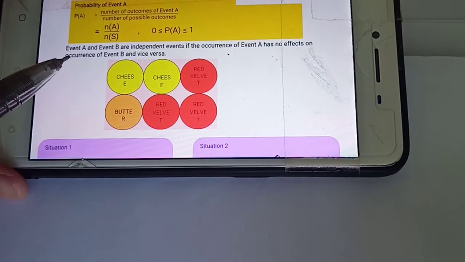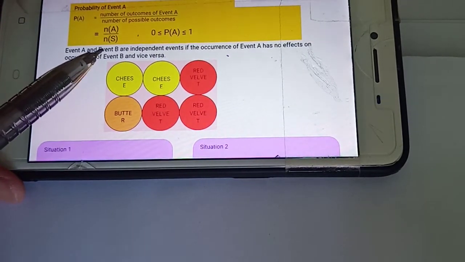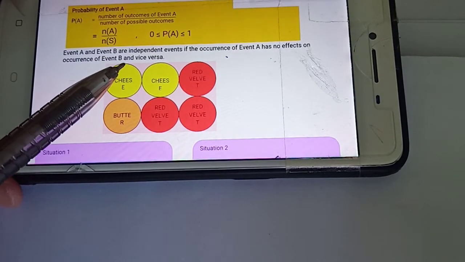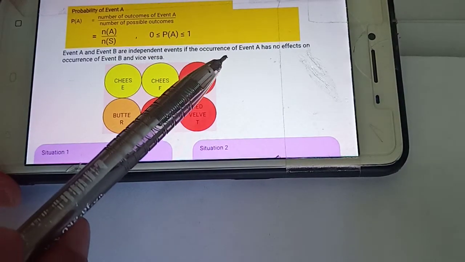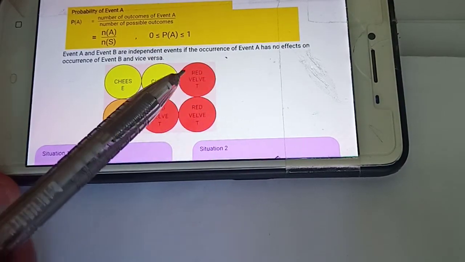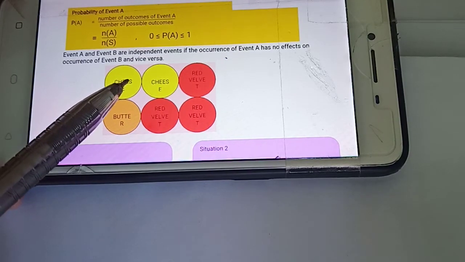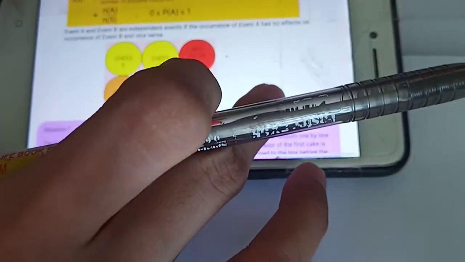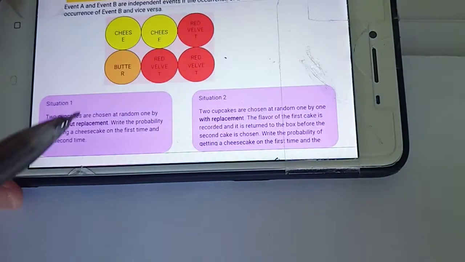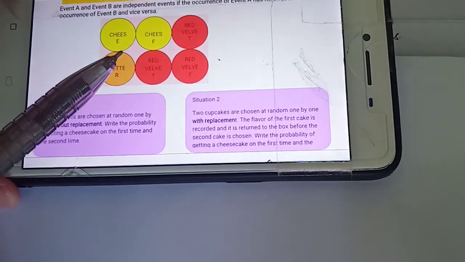Before that, please remember event A and event B are independent events if the occurrence of event A has no effect on the occurrence of event B and vice versa. So I have cupcakes here.